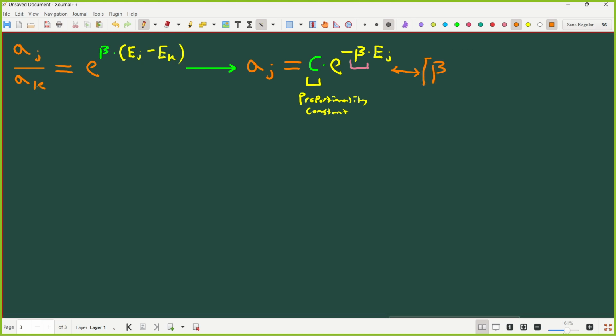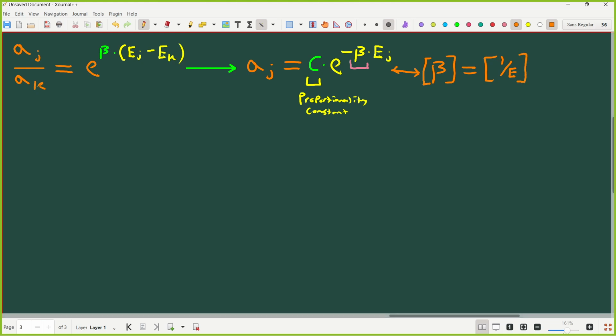Remember I said that units have these little brackets here. It has units of 1 over energy. Okay, so beta has some magical connection to the energy, some proportionality constant that says something about the energy. Okay, we'll figure out what these numbers are very quickly.